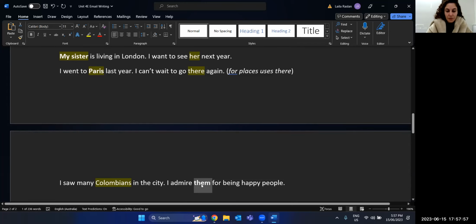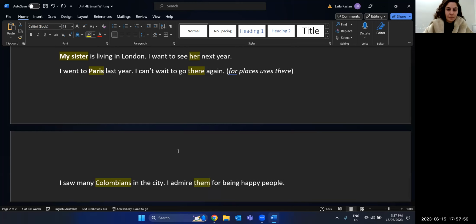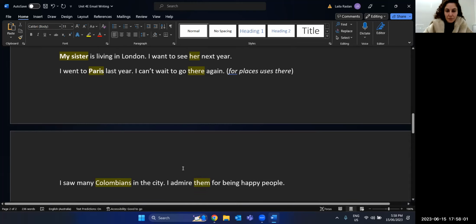That means the people, them. So I don't want to repeat. I admire Colombians, them, for being happy people.